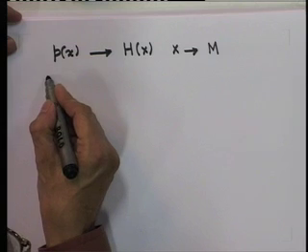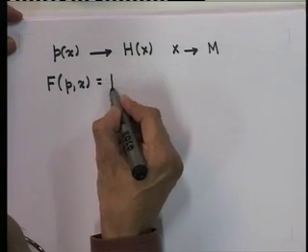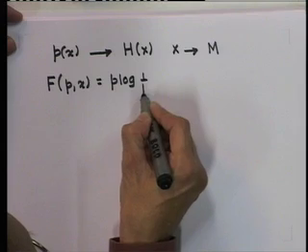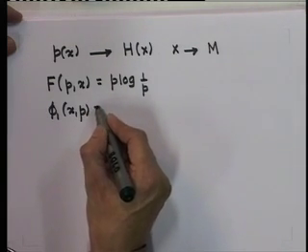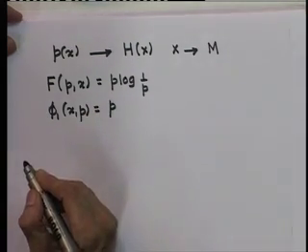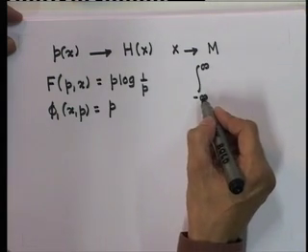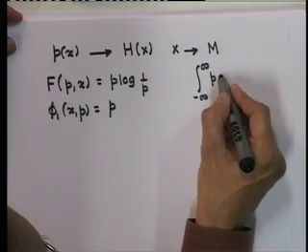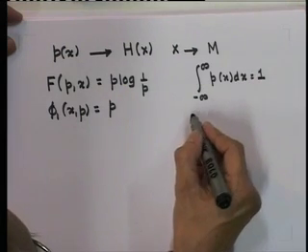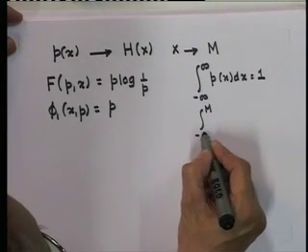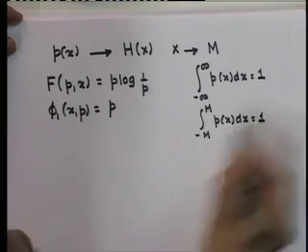So, in this case, f of x p is equal to again p log 1 by p, phi 1 x p is equal to p, because the only constraint we have is the integral from minus infinity to infinity of p x dx is equal to 1, that is, the integral of p x dx over minus m to plus m is equal to 1.